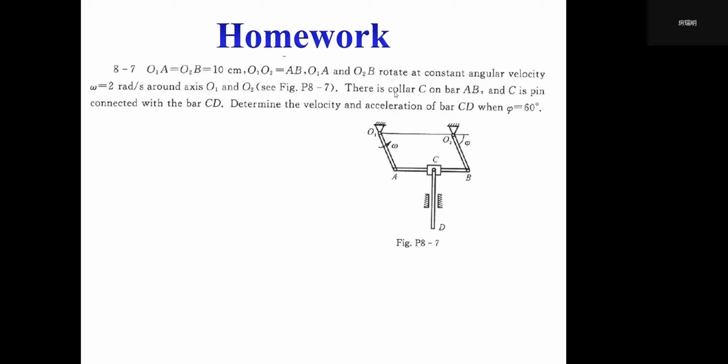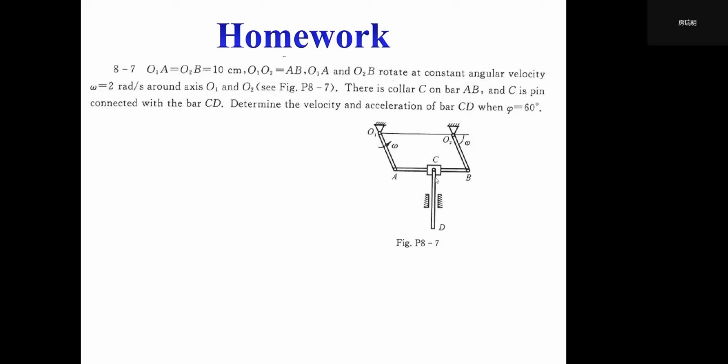It tells us there is a collar, maybe a sleeve, with a hole inside, and the AB rod can pass through that hole. So this collar or sleeve C has relative movement compared to AB. And C is the pin connected with the bar CD. So it's more like a follower of a cam mechanism.